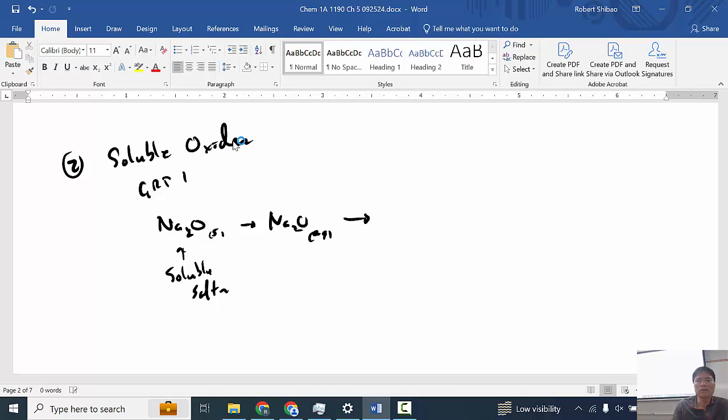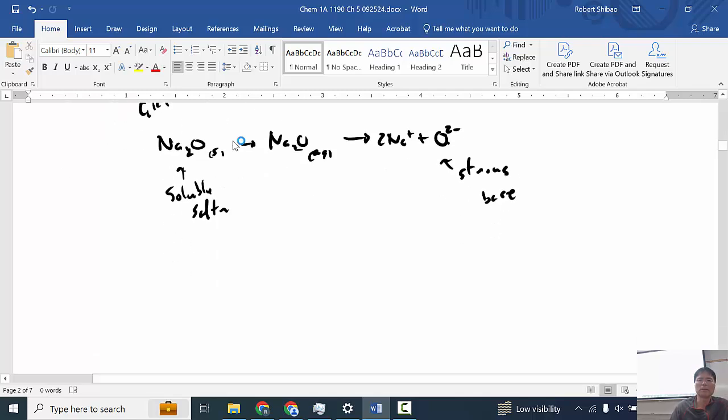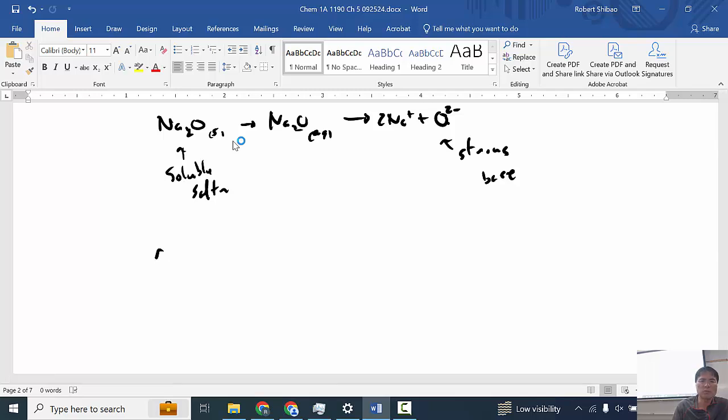And then we look at the electrolyte properties. It breaks up into sodium ions and oxide. This is a strong base. What do strong bases do? Strong bases hydrolyze water completely. So oxide will react with water to form what?